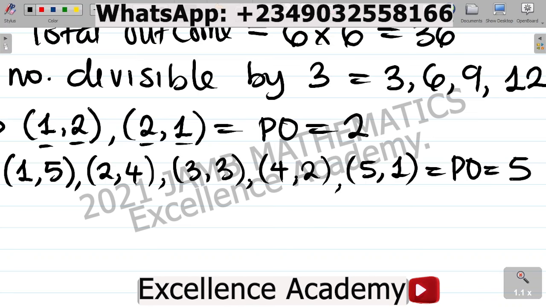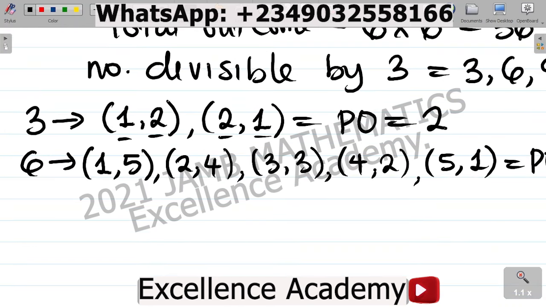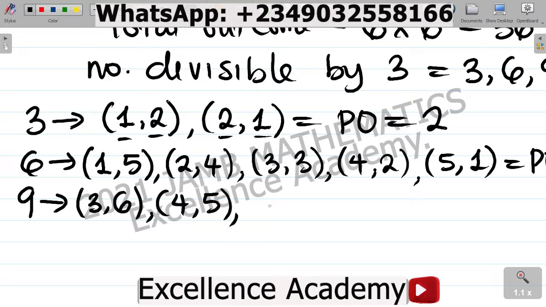All right. What about 9? Because after 6, the next thing is 9. How can I combine the dice to give me 9? Either I get 3 on the first die and 6 on the second, or 4 and 5, or 5 and 4, or 6 and 3.